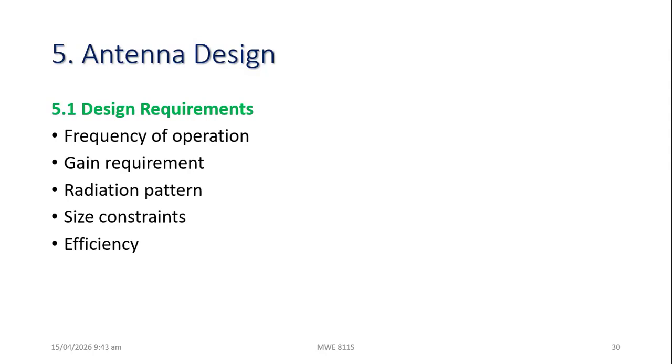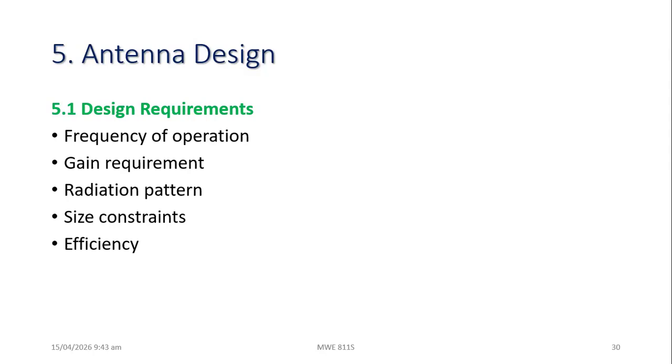Then you must also know the size. For dipoles, we talked of the length, but you must also know the dimensions in terms of the antenna aperture for receiving antennas, because it is the diameter of that aperture that will determine how much signal the antenna will receive.